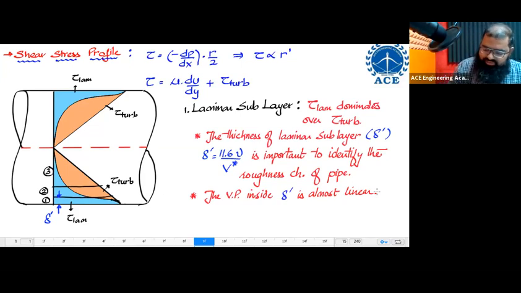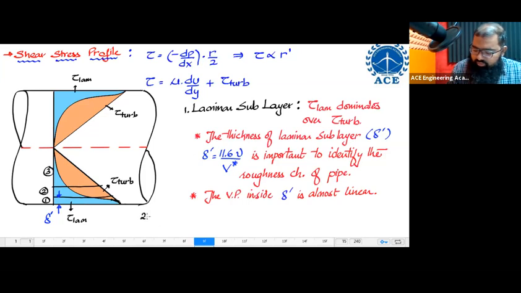The first portion I have mentioned. For the second and third, we just have to take down the names. The second portion is where tau laminar and tau turbulent both are significant. That region is known as the overlap region.